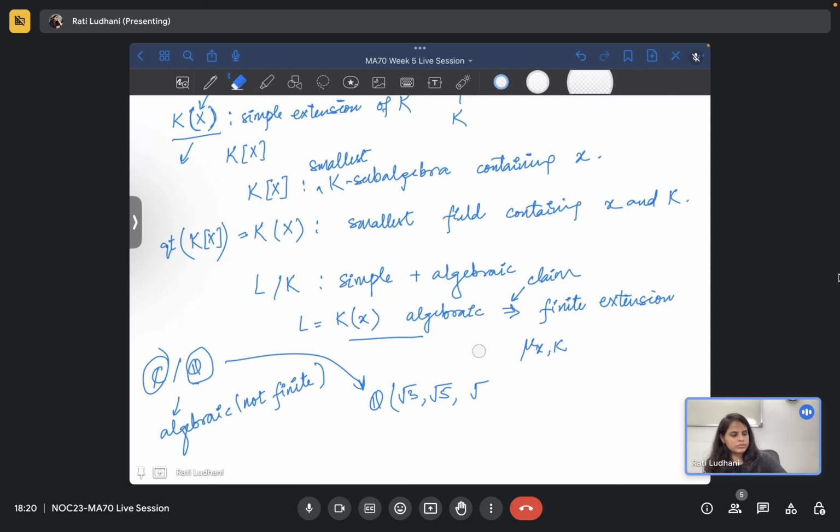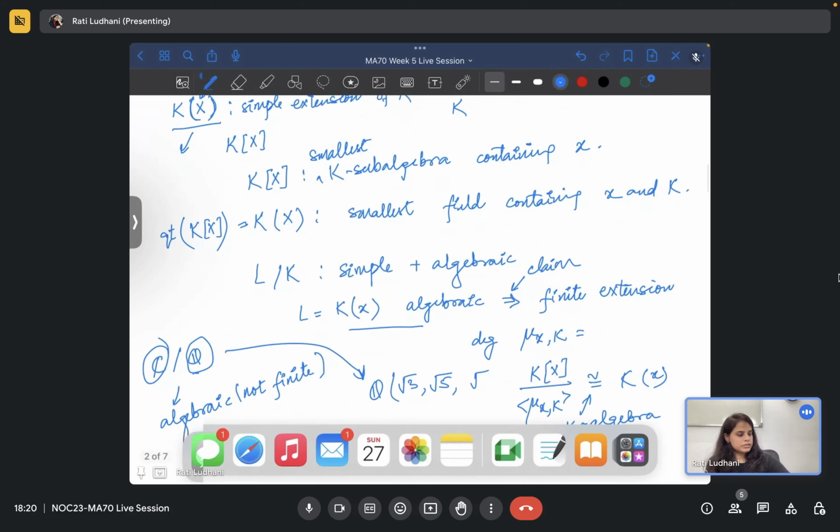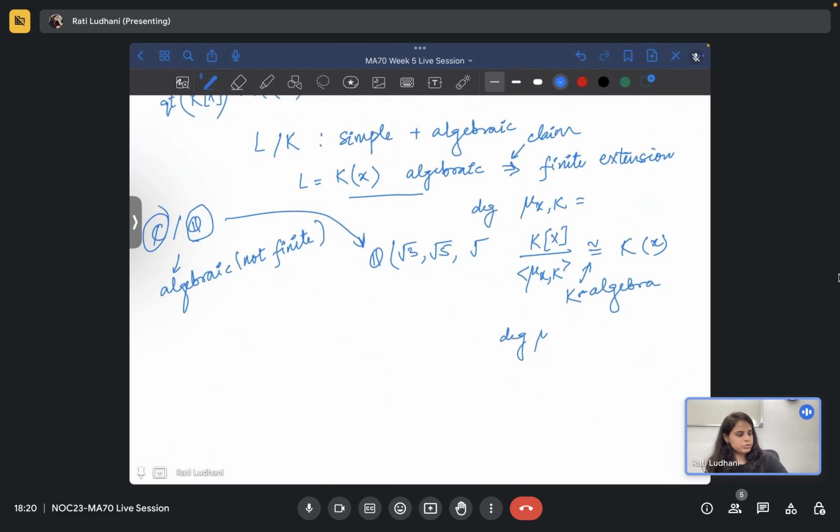Then you know directly from this epsilon map you remember, K[x] is isomorphic, as a K-algebra, to K[X] by the minimal polynomial mu_{x,K}. So the degree of mu_{x,K} is the same as the dimension of K[x] over K, and that is exactly your dimension of L.